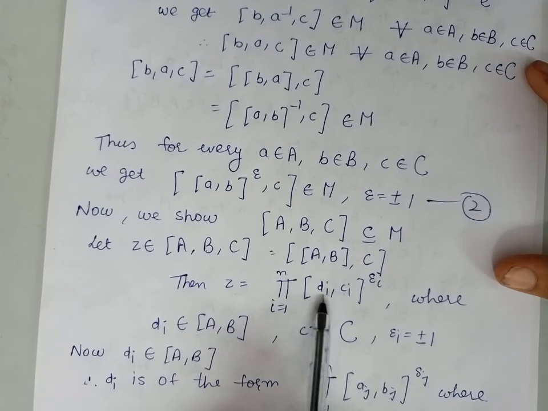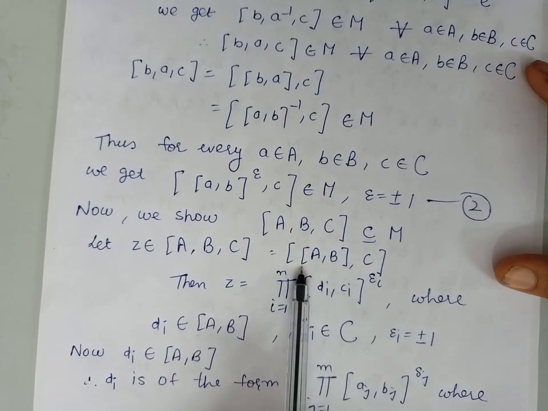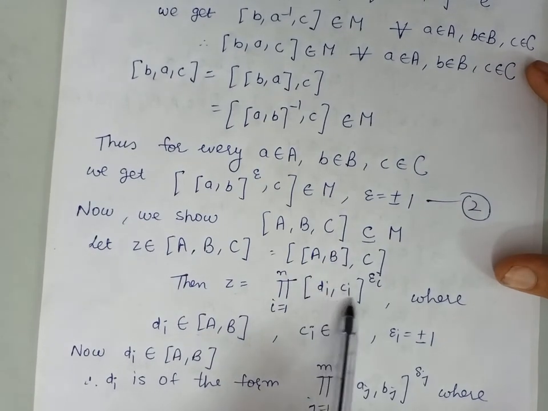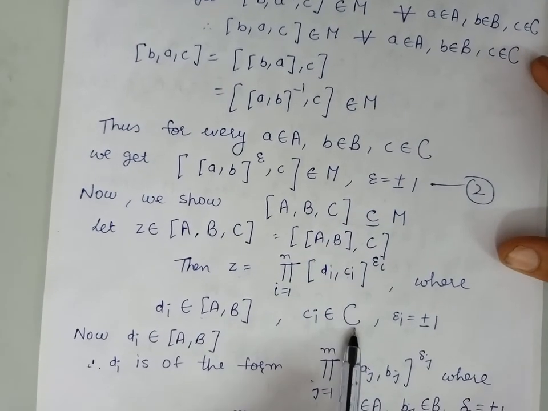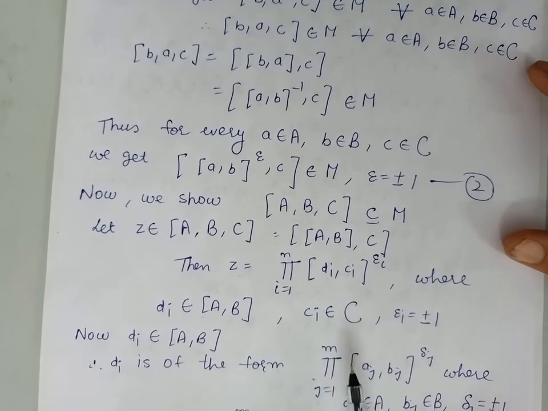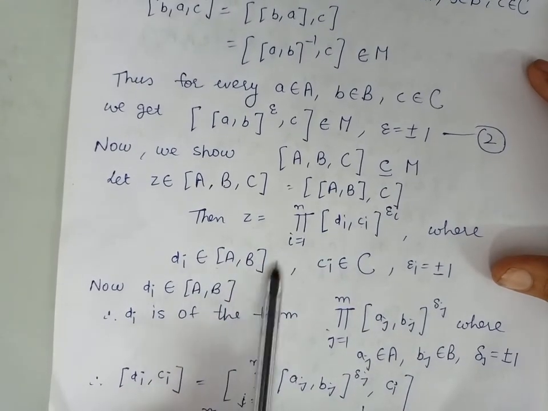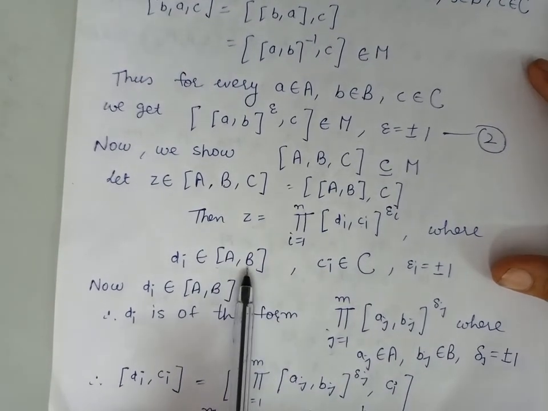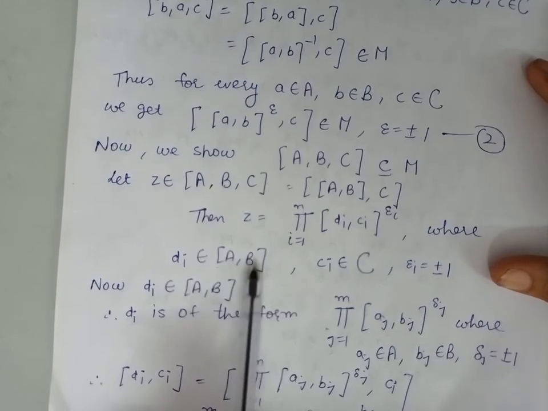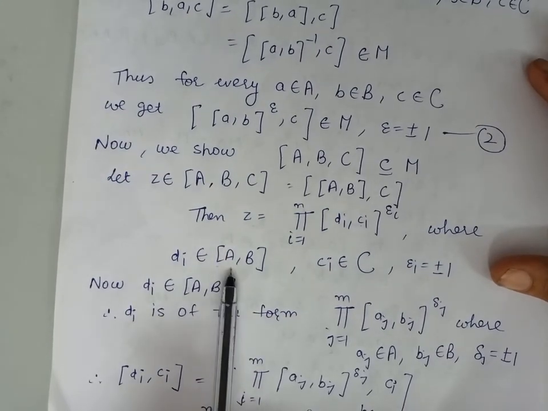Now Di is an element of the commutator of A with B, and Ci are elements of the subgroup C. Now again, because this is the commutator of subgroups A and B, by definition of commutator subgroup, its elements are of the form of a finite product of commutators.